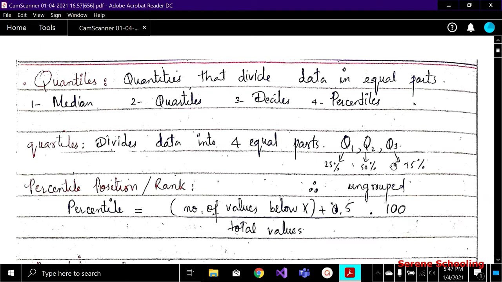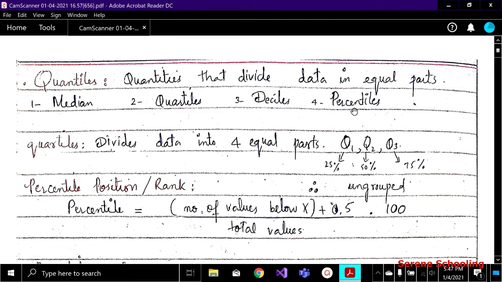Q3 covers 0 to 75% of the data. We will see how to find the quartiles in the next video. Here we will be seeing everything about the percentiles first of all.